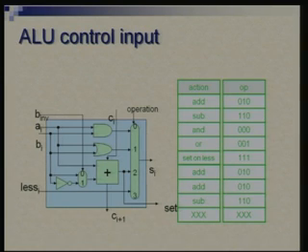If you are not using the adder part of it, B invert becomes don't care, but I have just put it as 0. So, for AND we are selecting the first or the 0th input in the multiplexer. So, the code is 0 0 0. For OR, I am keeping B invert as 0, and the multiplexer is controlled by 0 1, and so on.